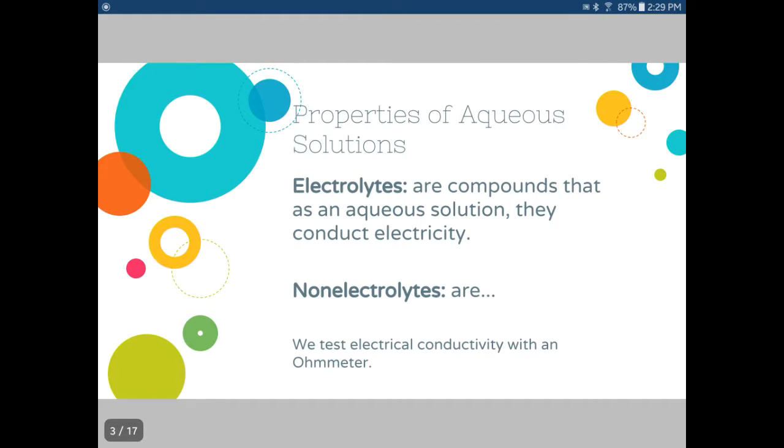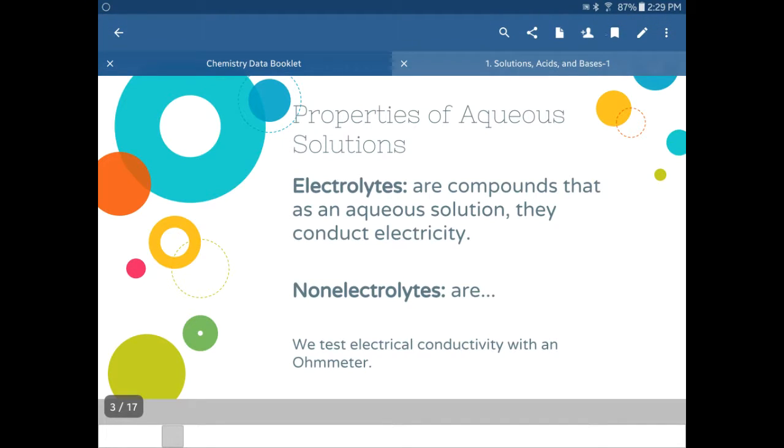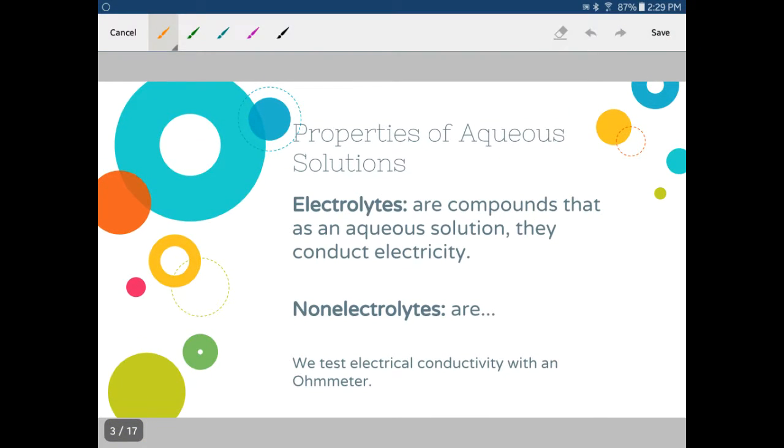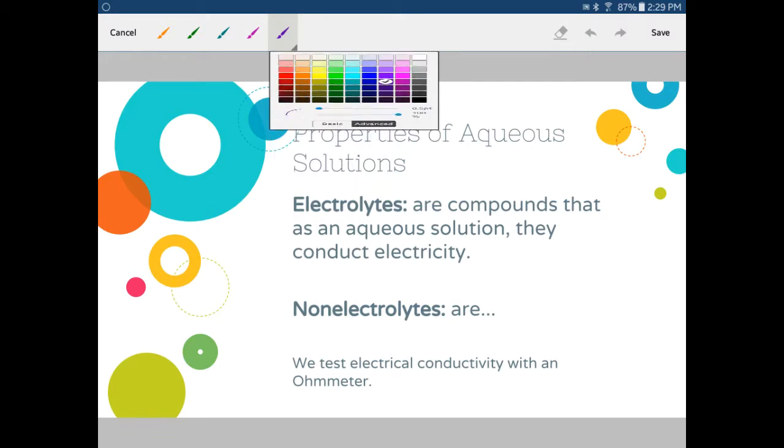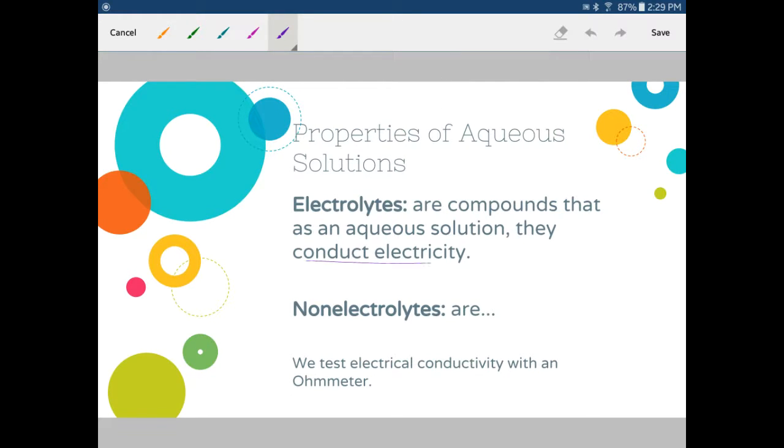So some properties of aqueous solutions. We have these things called either electrolytes or non-electrolytes. Electrolytes are essentially compounds that in an aqueous solution conduct electricity. So they conduct electricity, meaning that they allow for the movement of electrons.